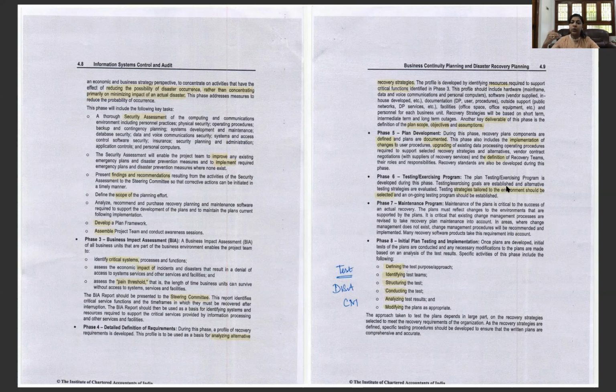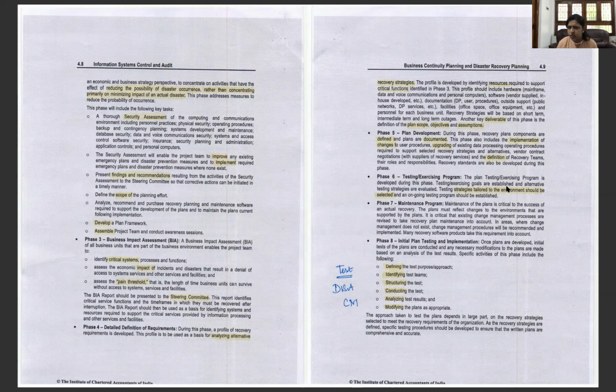And then alternative testing strategies, which are formed at stage number 4, are evaluated. The strategy which is going to suit our business environment should be selected. So first we set the goal, then we test it, and then whichever is going to suit our environment is selected. This is for the testing or training program.